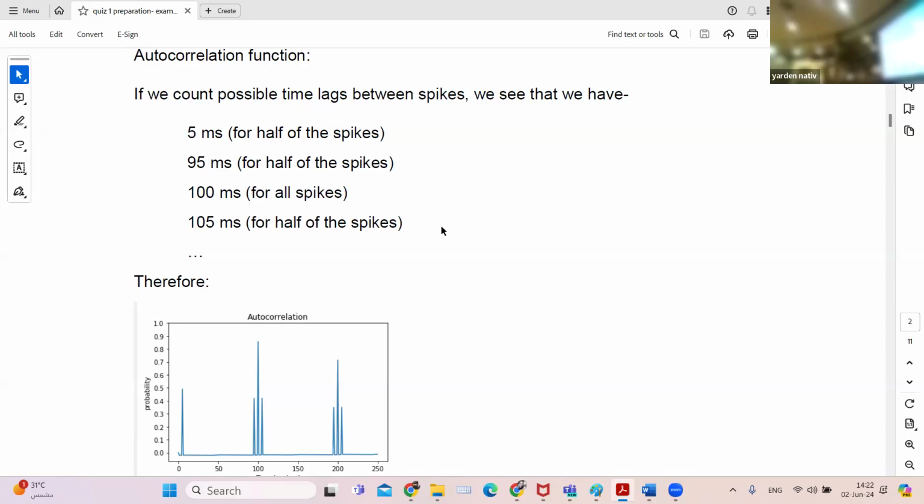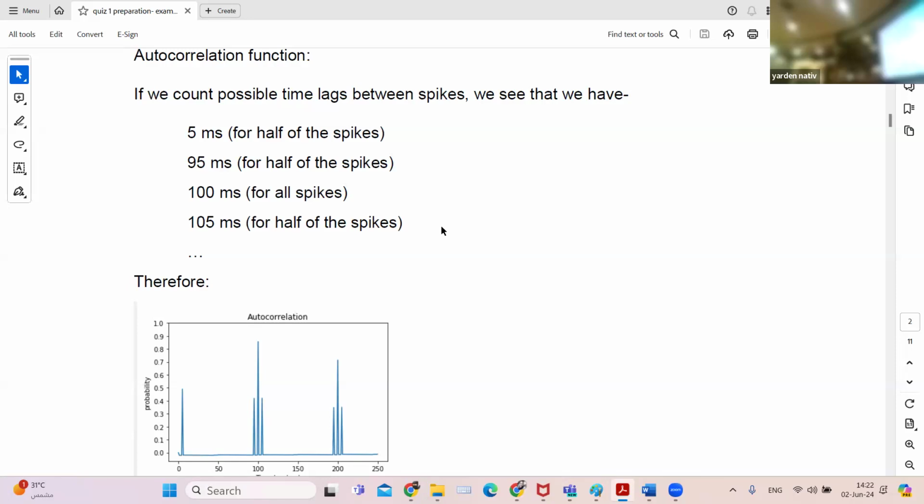Now, the first way is to count all possible pairs, okay? So I say to myself, how many pairs do I have which are 5 milliseconds apart? So half of them, right? So for 5 milliseconds, it is half of the cases. And for 95 milliseconds, it's the same.